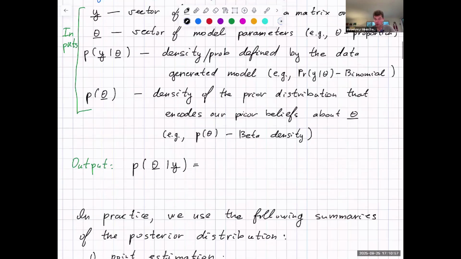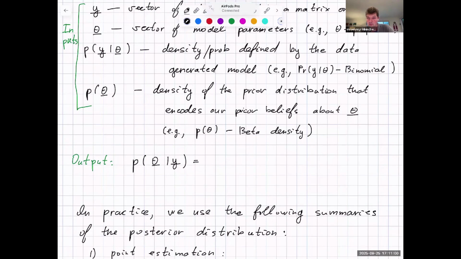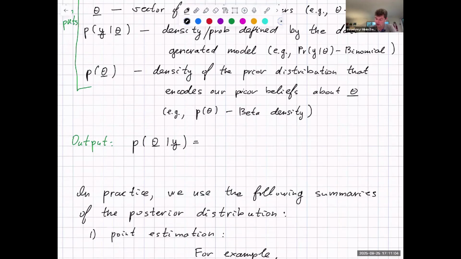All right. So the output of Bayesian inference is the posterior distribution of model parameters, which we can always write out using the Bayes rule that we covered last time: our data generating model likelihood, P of y given theta, times the prior, and then on the bottom, the integral of the same object as the numerator.